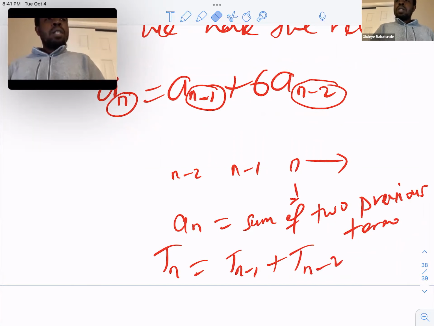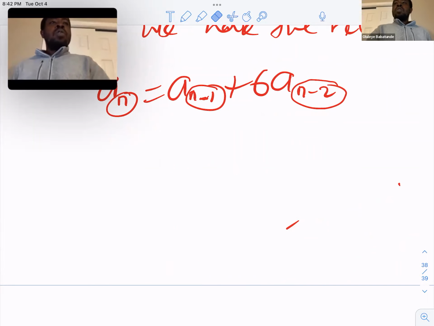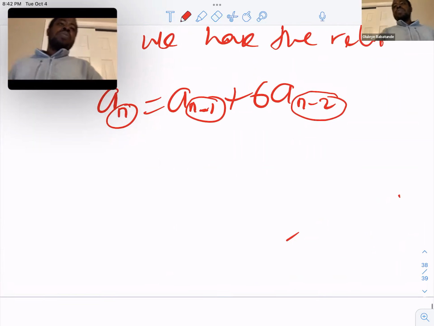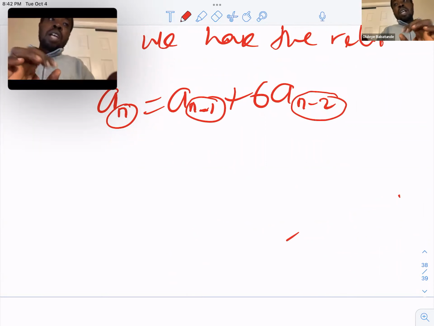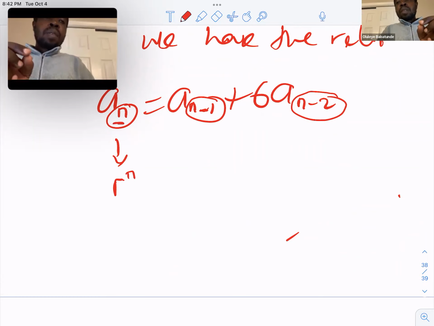Okay, but for this particular example, take note, you have to assume you can represent this as a polynomial, r raised to the power n, because of this n, plus we've got r raised to the power n minus 1.